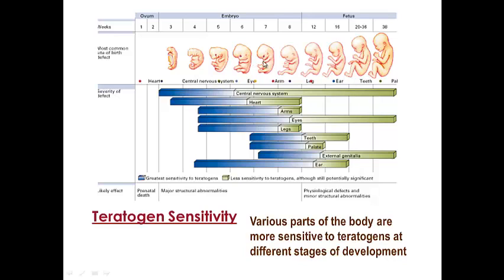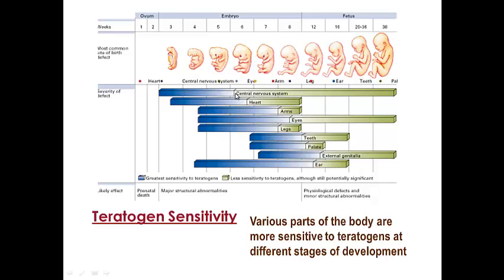In any event, you can see how, during the period of the embryo, you have development of these major areas of our body: limbs, the brain, and so on. Now, the most telling portion of this chart is what's down here, which indicates the sensitivity to teratogens. In blue you have a greater sensitivity, and in green you have less sensitivity, although still potential harm.